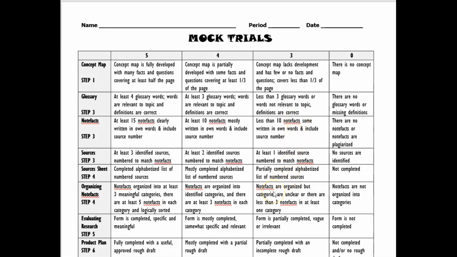Why? Because you should be creating categories that you have a lot of notes. If you don't have a lot of notes to put in that category, then it's not a relevant category for your research, okay? It is only relevant if you actually have a lot of notes in that category, okay?